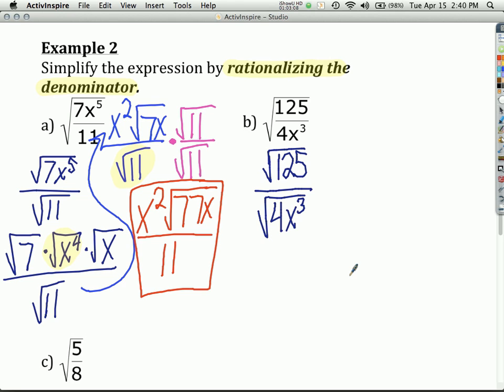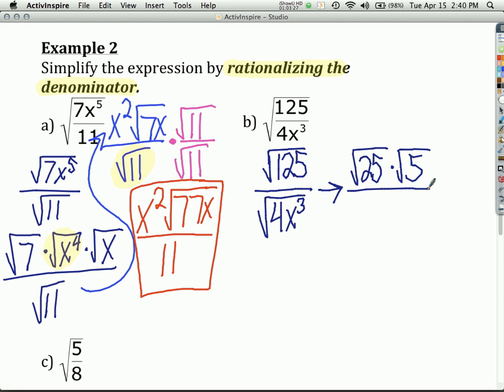Now let's find some perfect squares. Any perfect squares on the top? Ziamar? Yeah, 25 times what? Good. I'm going to work to the right. Radical 25 times radical 5.